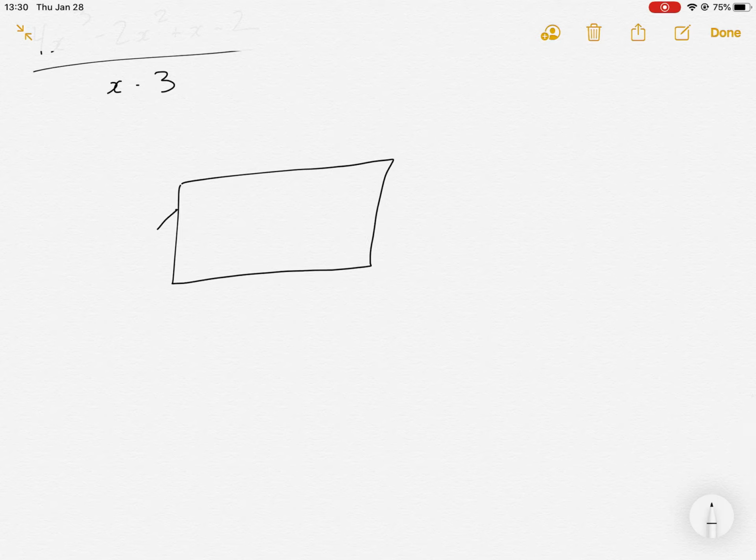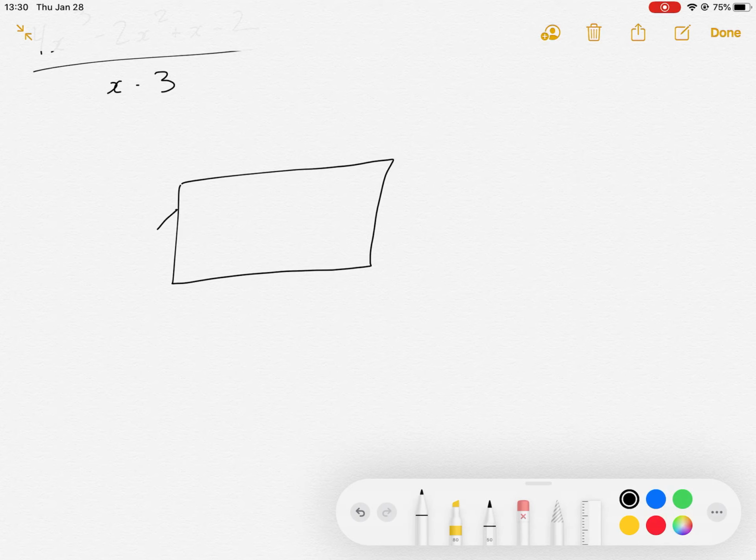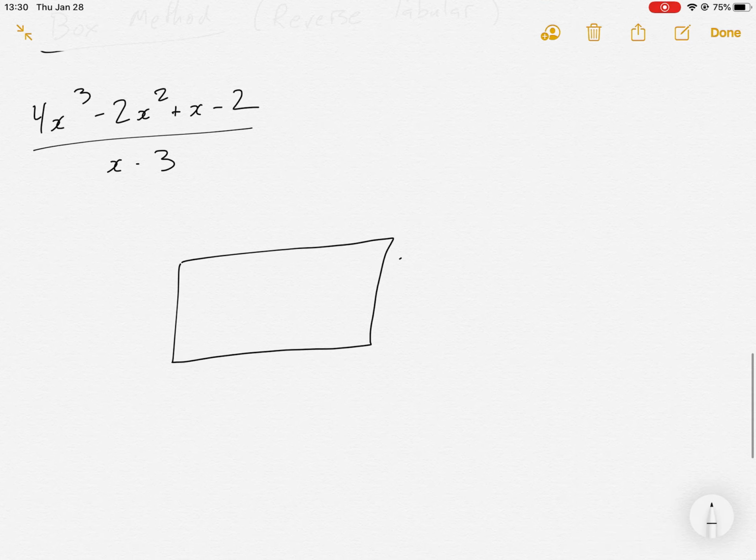Around the outside of the box, we're going to put the factor x minus 3 over here, and then we'll put a line through the middle there, and then our answer is really going to go across the top. So out of the first box, we're going to get 4x cubed.